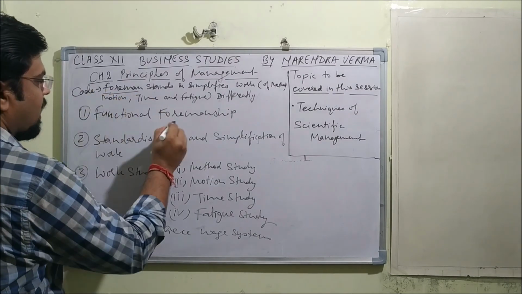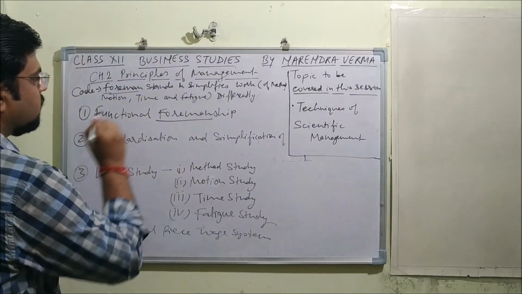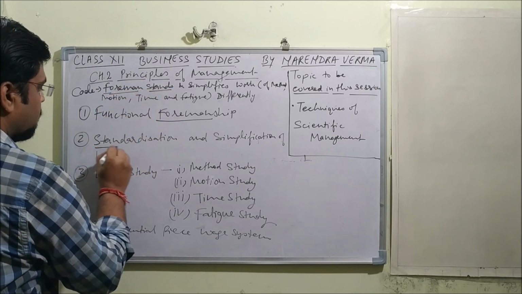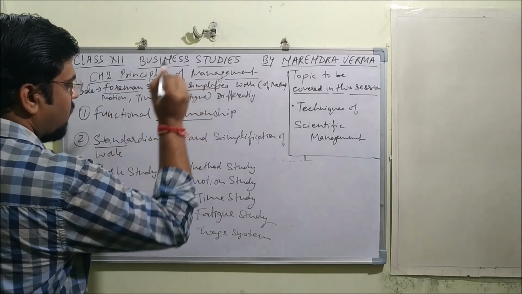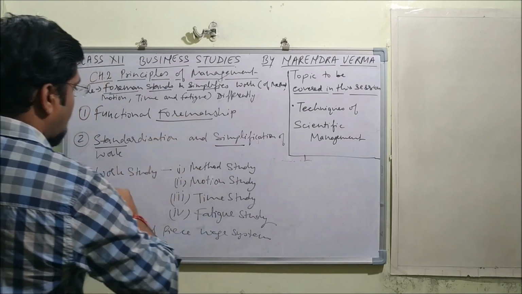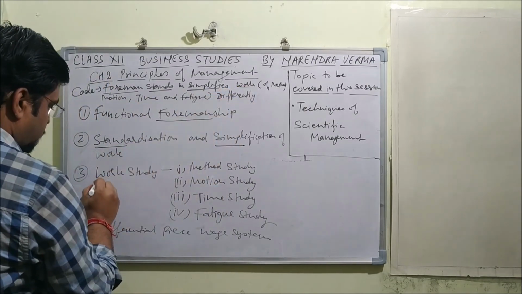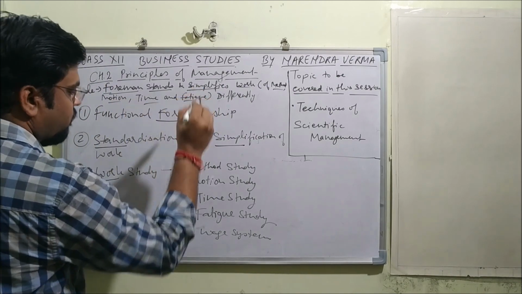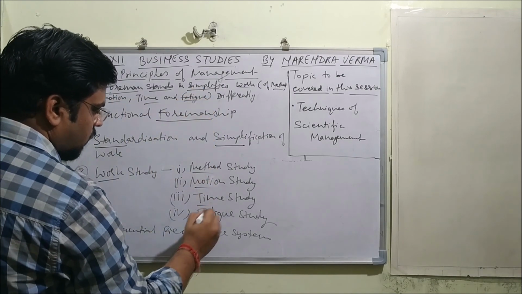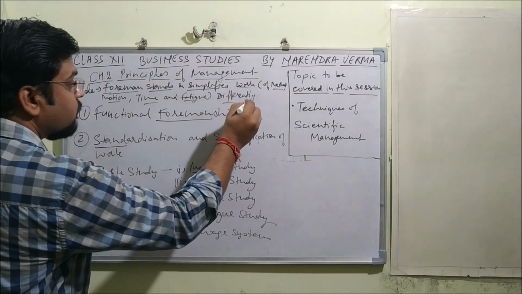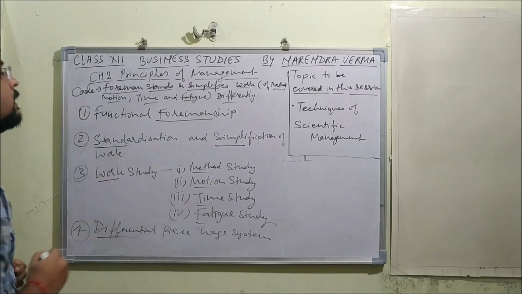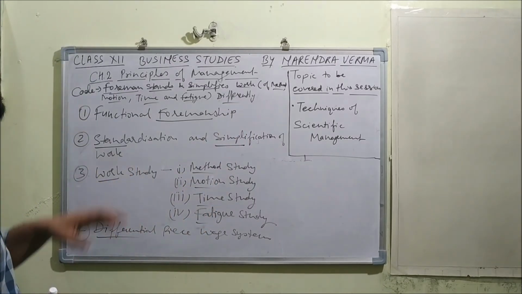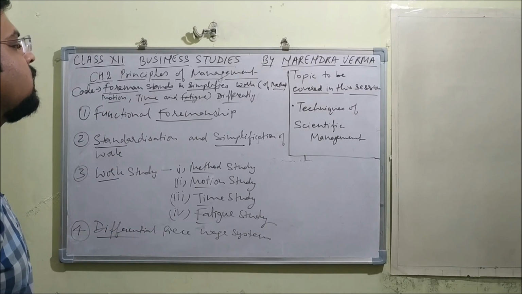This foreman I have taken from here, this stands I have taken from here, and this simplifies I have taken from here, and this work I have picked from here, and these method, motion, time, fatigue I have taken from here, and this last differently I have taken from this. So if you remember this code, you will remember all the techniques and sub techniques.